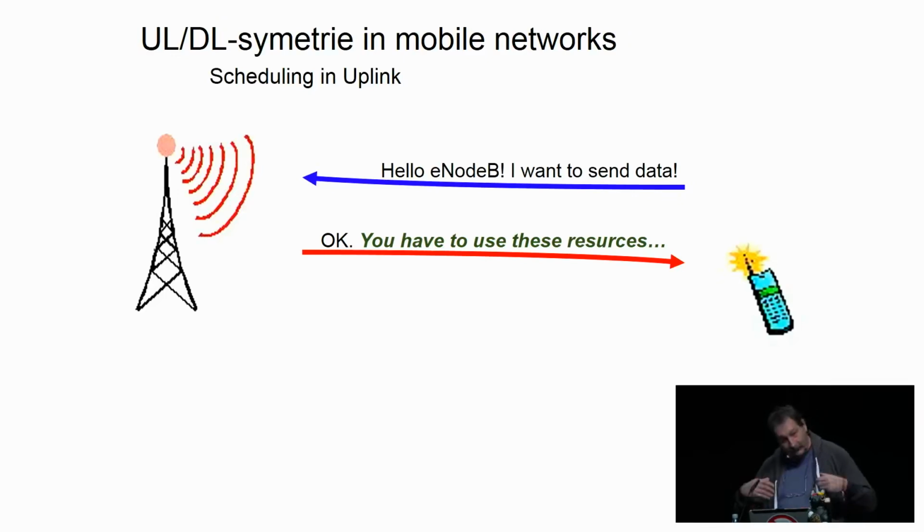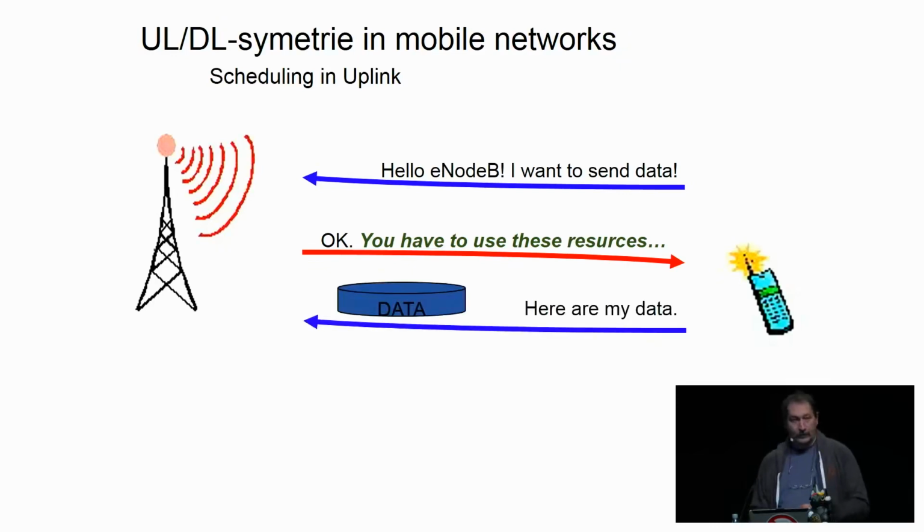And if the device is finished earlier or has more data, it has to tell the base station. So the handling of the uplink resources is much more complicated than for the downlink.